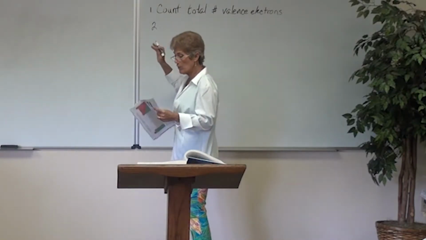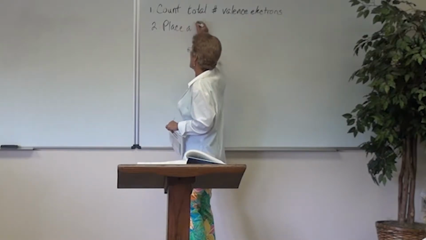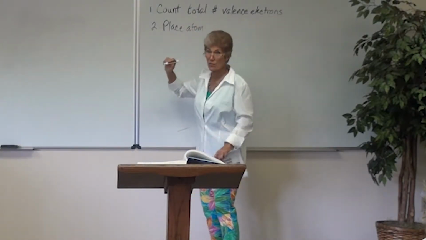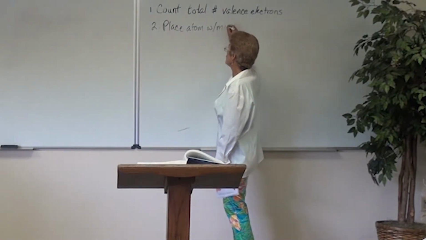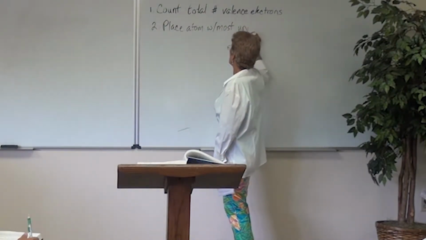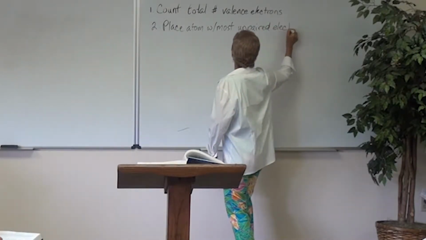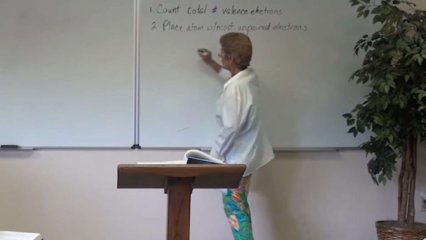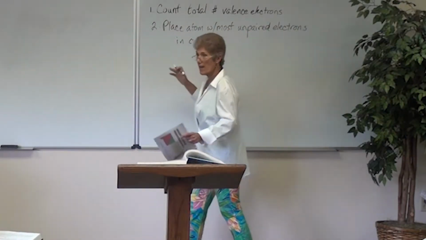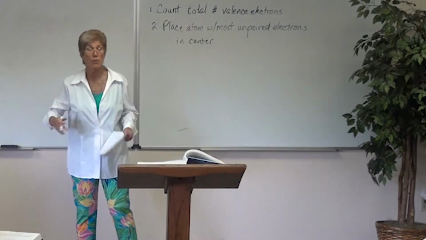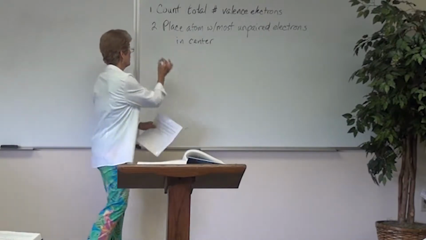Okay, number 2, just what he just said there. You're going to put the atom with the most unpaired electrons in the center. So place atom with most unpaired electrons in center. I would suggest you guys write this down if you're not already. And if there's more than one of them that have the same number of unpaired electrons, put them both in the center and hook them together, and then put the other ones around it.